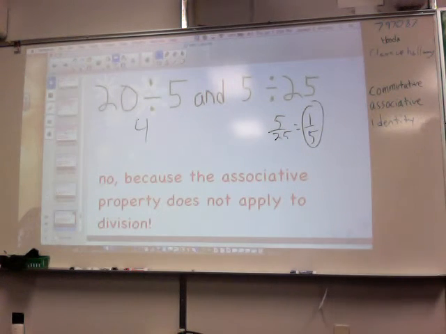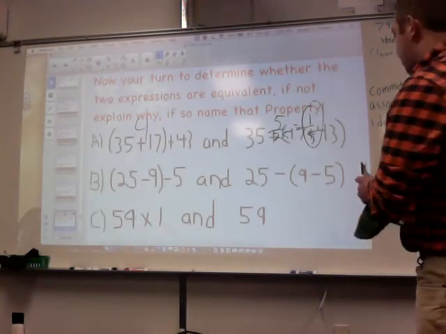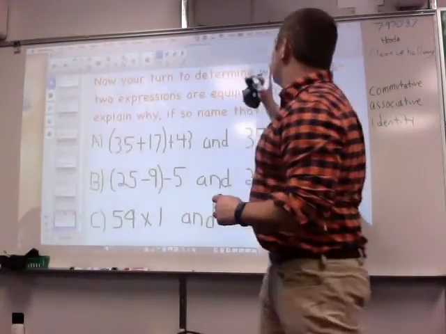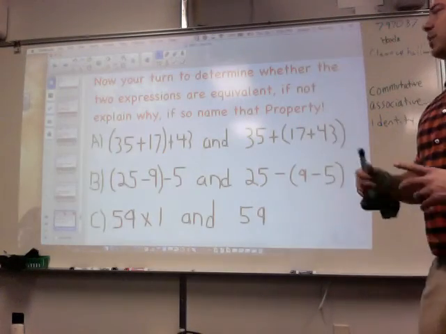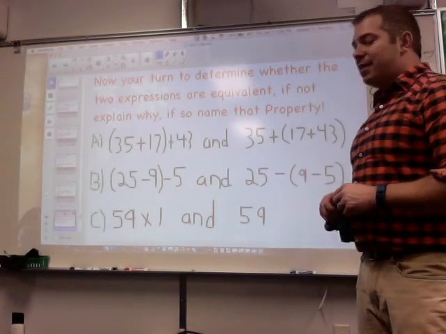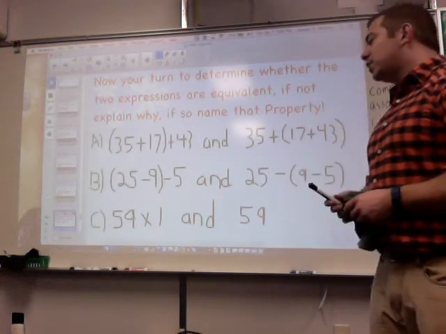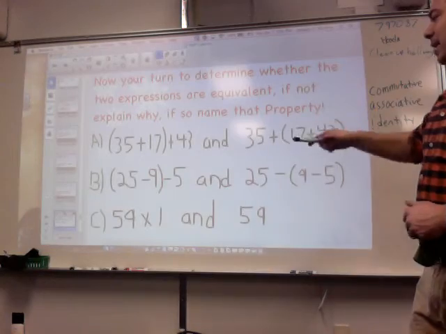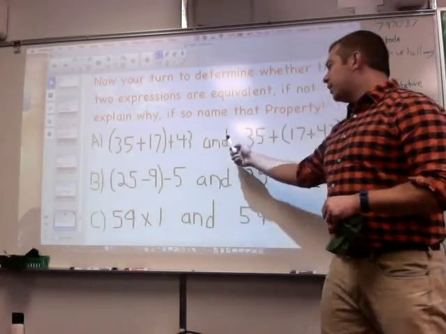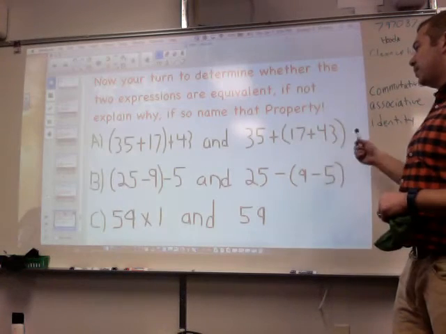All right, almost wrapping it up here for today. Now it's your turn. You have 3 problems. It says, determine whether the two expressions are equivalent. If not, explain why. If so, name that property, like we've just been doing. So you have A, B, and C: 35 plus 17 plus 43, and 35 plus 17 plus 43.